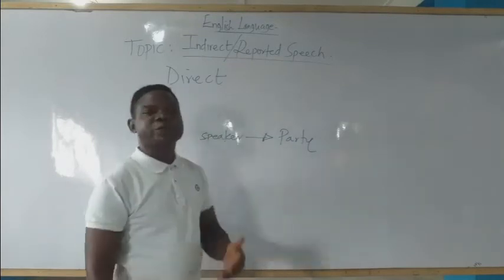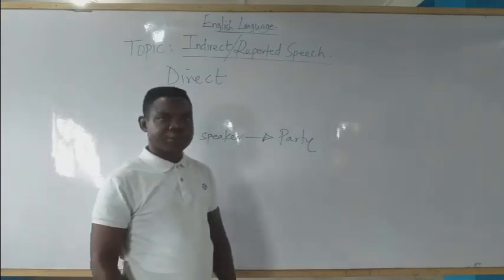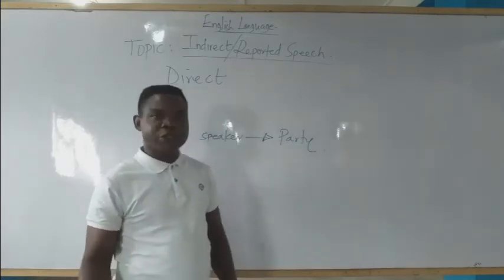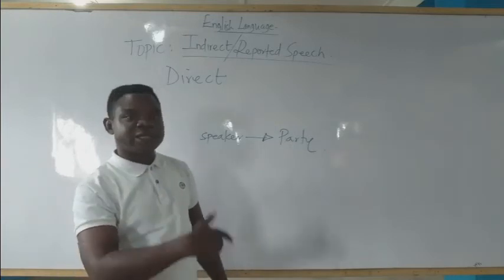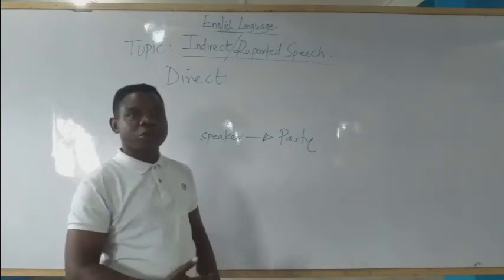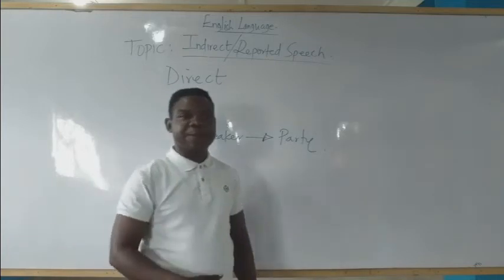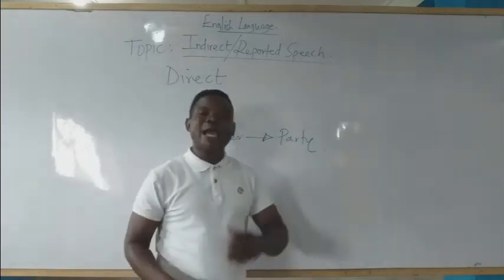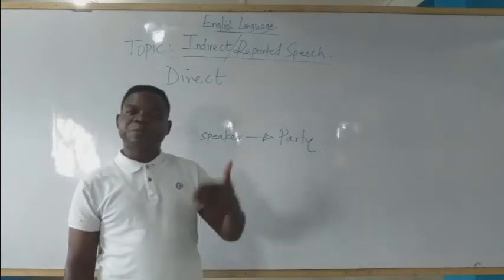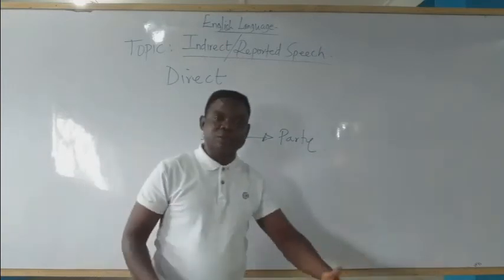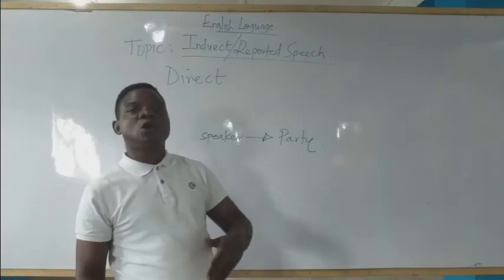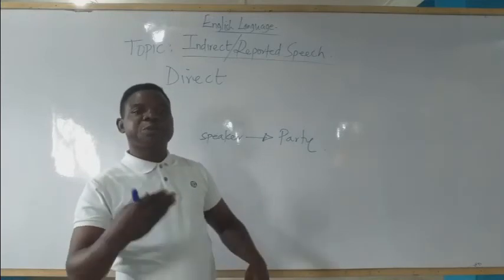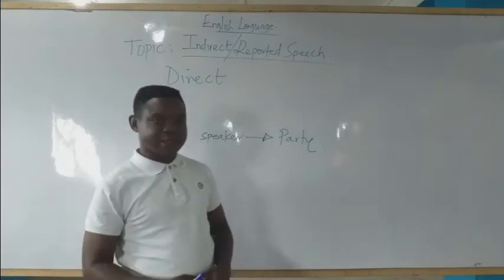Then, what is an indirect speech? An indirect speech is the second-hand information or the speech of a speaker, which is expressed to the third party. While direct speech is expressed to the second party, indirect speech, otherwise called reported speech, is expressed to the third party.